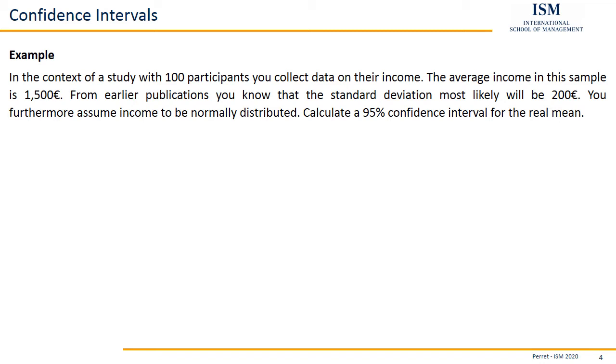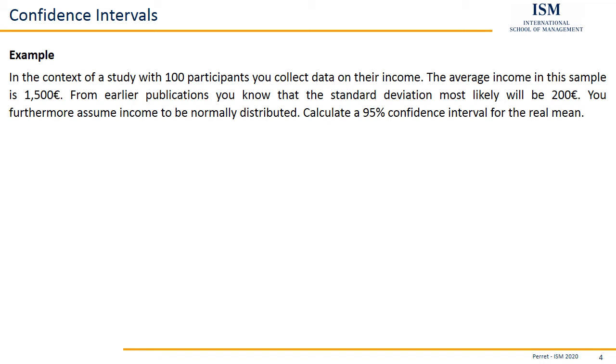Well, we could now go and take the variance, but what we actually need is the standard deviation, so we keep this as 200. You furthermore assume income to be normally distributed. Well, that's what we need for our approach to work. And our task then is to calculate a 95% confidence interval for the real mean. So our alpha here would be 5%.